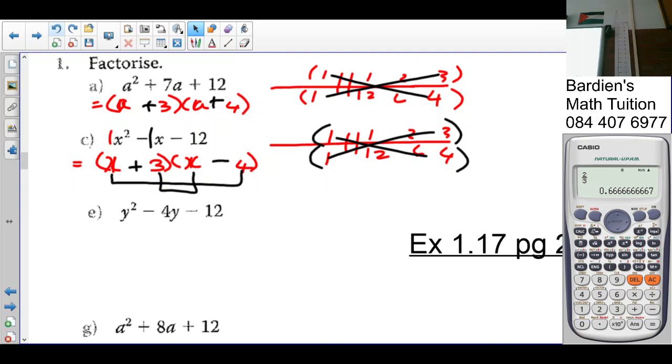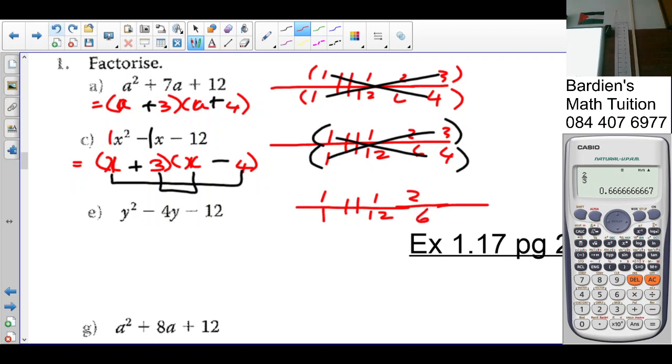Look at the next one. In this one, what goes on the line? 1 and 1, 1 and 12, 2 and 4. No, 2 and 6, 3 and 4. Do we add or subtract our products? Subtract them. So it's going to be 1 times 6 is 6, 1 times 2 is 2. 6 minus 2 is 4.